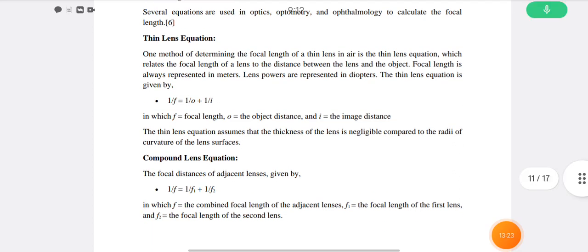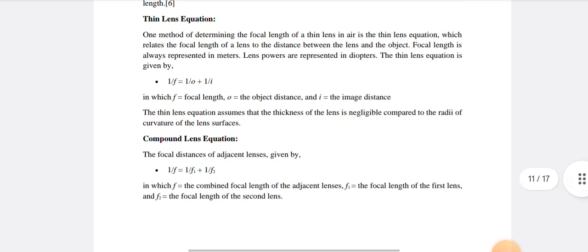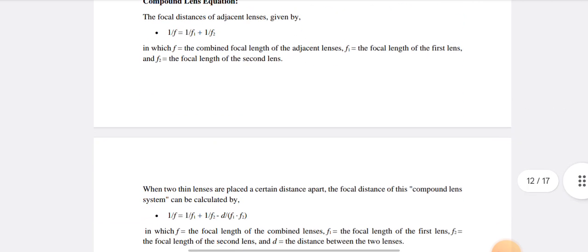Compound lens equation. The focal distance of adjacent lenses is given by 1/f = 1/f1 + 1/f2, in which f is the combined focal length of the adjacent lenses, f1 is the focal length of the first lens, and f2 is the focal length of the second lens.